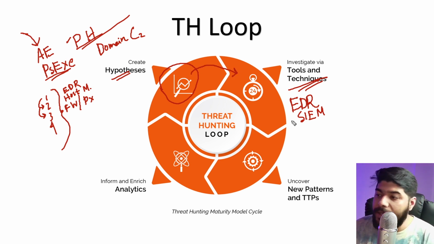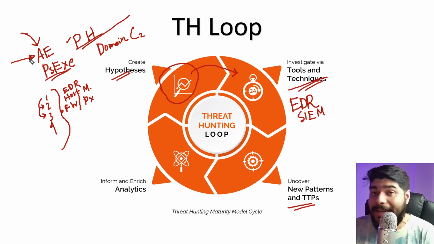Once you have done that, you now need to go to the new pattern and TTP identification. As I told you, these are the tools used by the Lapsus group. Now we need to understand what techniques the Lapsus group also uses. They basically use stolen certificates, which don't have any proper signature information. They incorporate that compromised certificate into a malware tool so that your endpoint trusts it, and they run whatever they want using that particular certificate and executable.